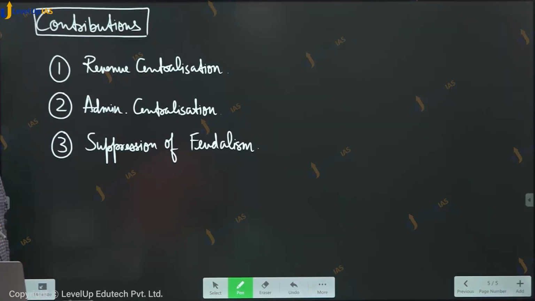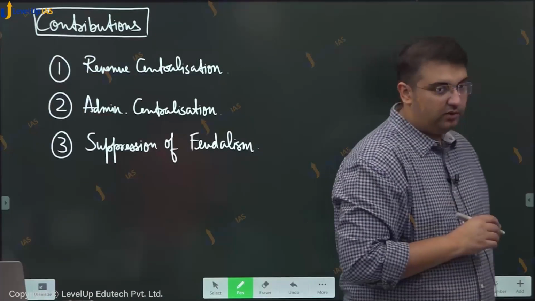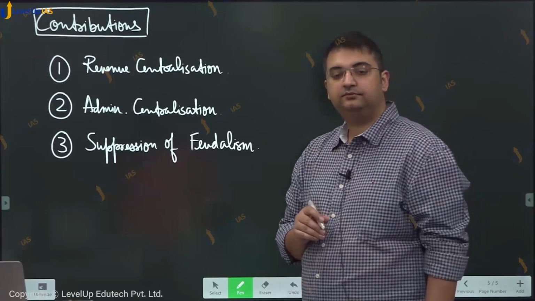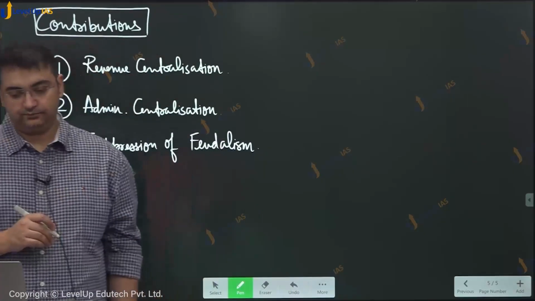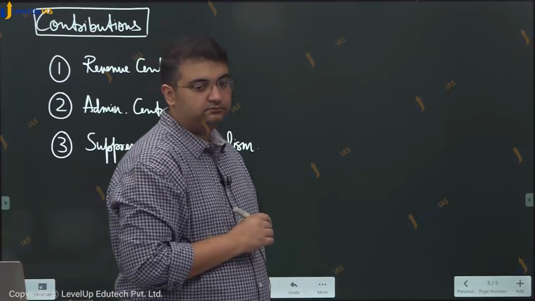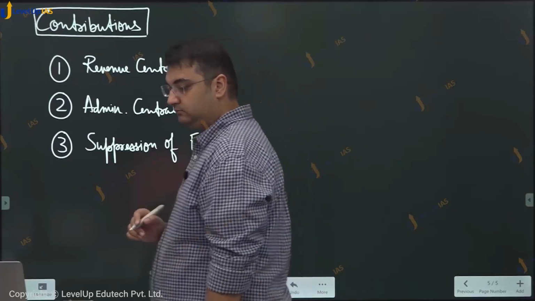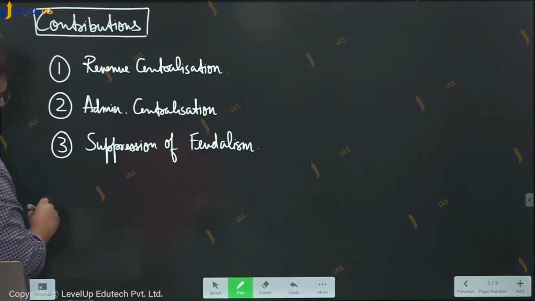So write down: the Iqta system also played a crucial role in suppressing the pre-Turkish Rajput nobility.